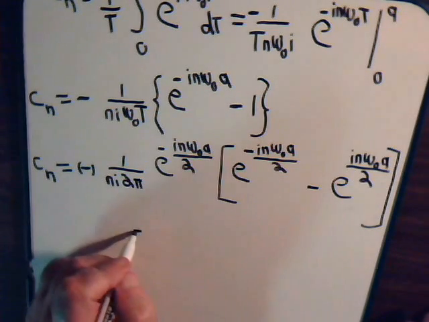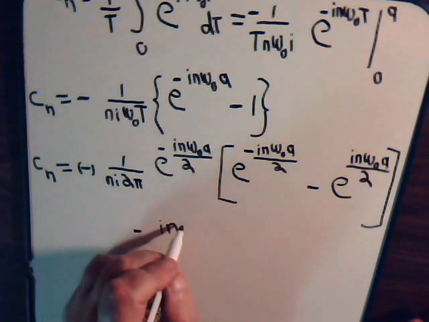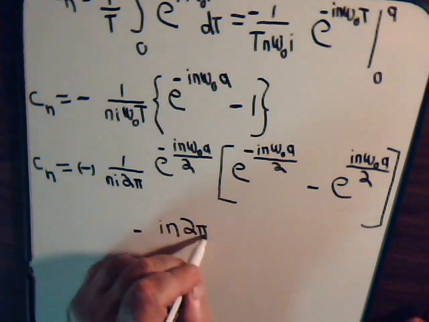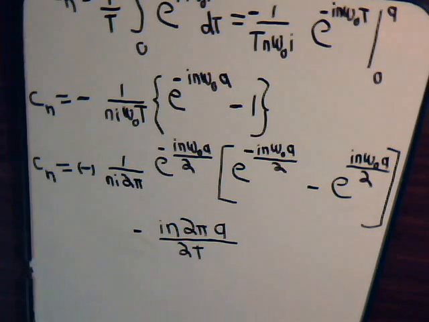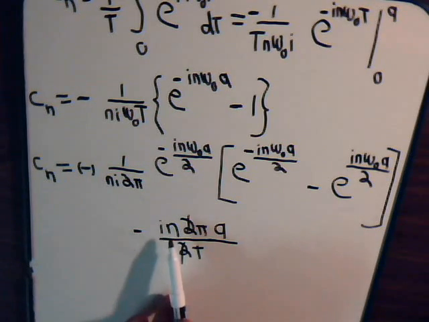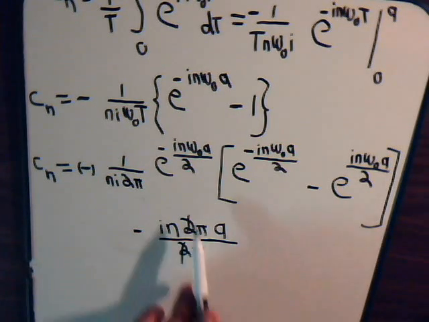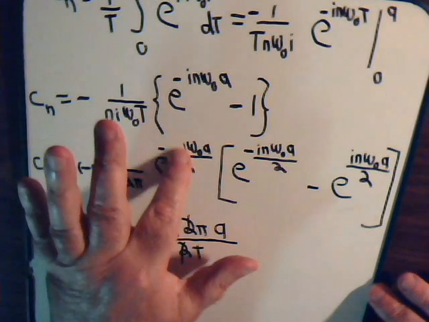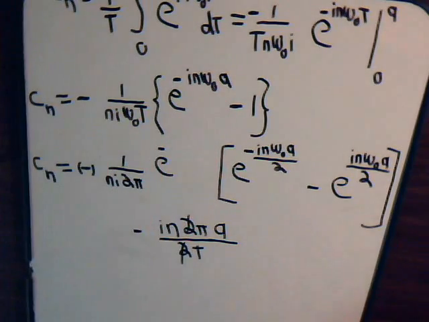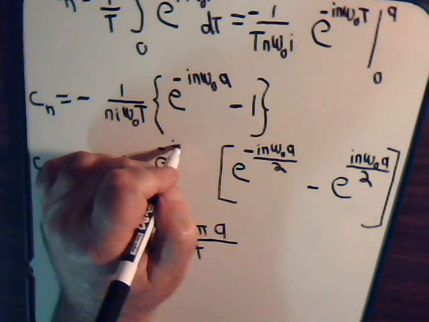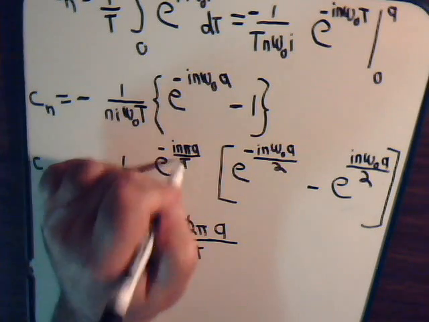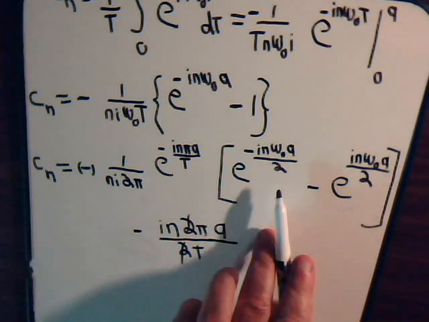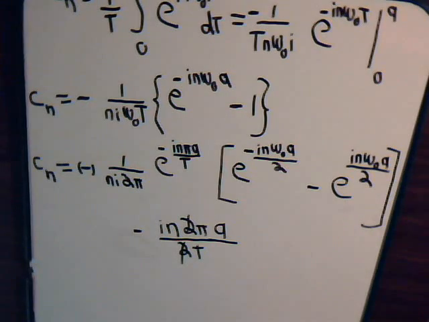We'll just have minus i n 2 pi over 2T times a. Of course, these cancel, so we have minus i n pi a over T. Let's write it in. And same thing for here and here.